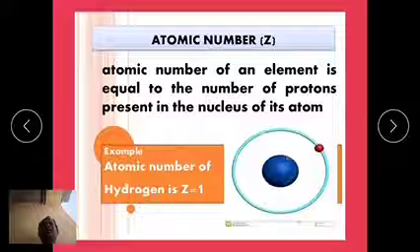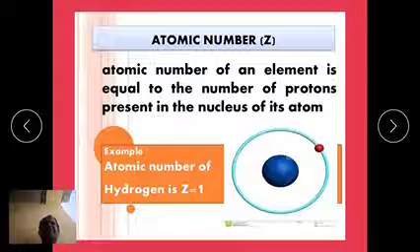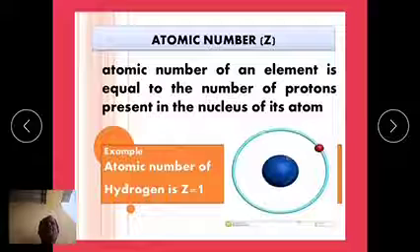That is, root mu equals a into Z minus b, where mu is the frequency of the X-ray of the element, Z is the atomic number of the element, and small a and small b are constants.